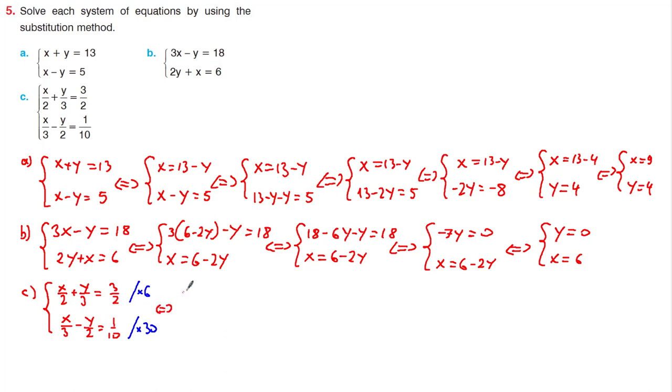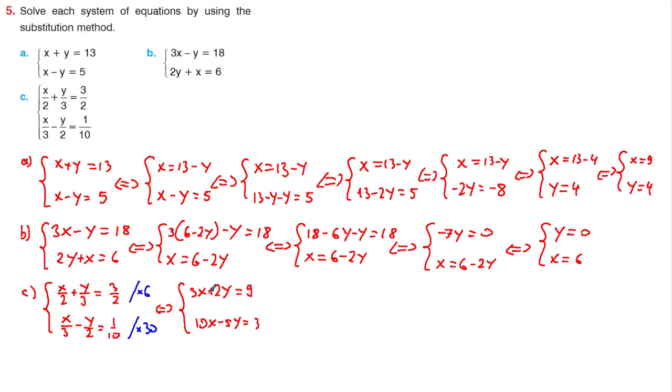So what do we have here? We have 3x plus 2y is equal to 3 times 6 over 2, that's 9. And 30 over 3 is 10, so 10x minus 5y is equal to 3.